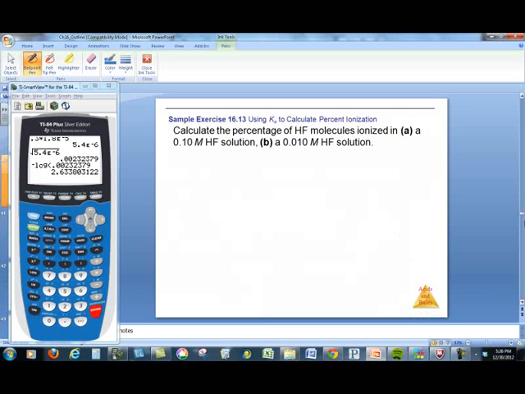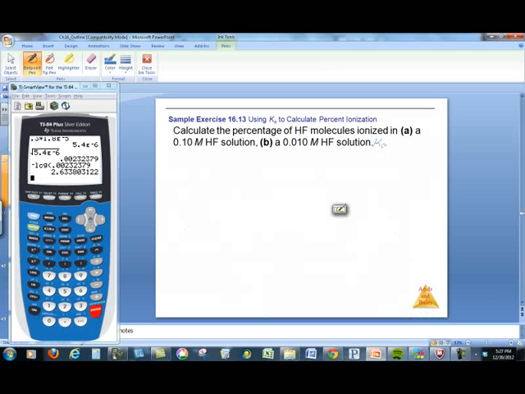Alright, so I want to calculate the percentage of HF ionized in 0.1 molar HF and in 0.010 molar HF. Okay, and I know Ka for HF, I can look it up in a table.